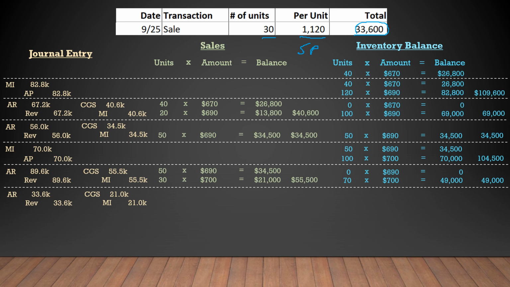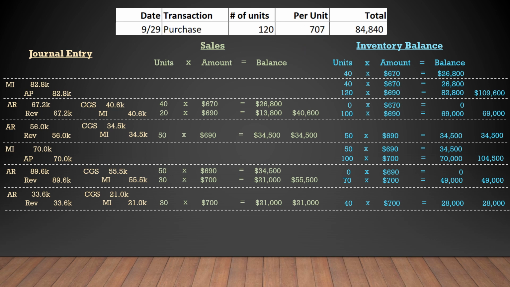We only have one inventory layer from which to pull our sales. So 30 units at $700 per unit is our cost of $21,000. If we sold 30 units from our remaining 70 units, we only have 40 units left at that cost of $700 per unit, or $28,000 of merchandise inventory remains.